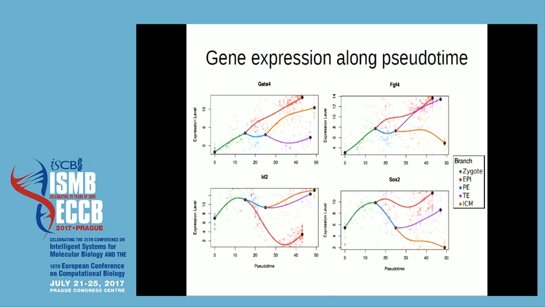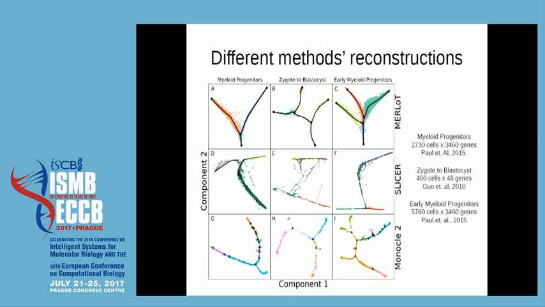Given the initial matrix we have, there are different methods, of course, to do this. One is Monocle 2, the other is Slicer, and there are others, but we consider these are the best ones. But the embeddings look different. So it's very difficult to check, at least for me as a non-biologist, to see which is the right embedding.